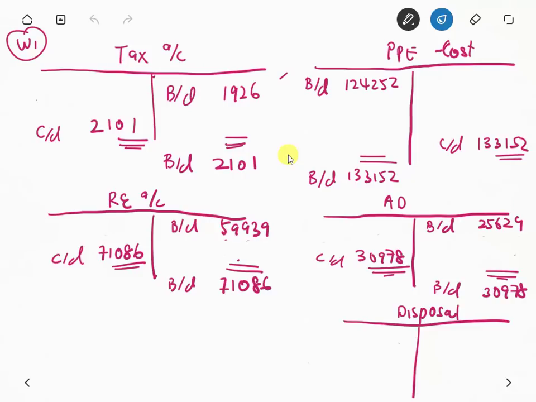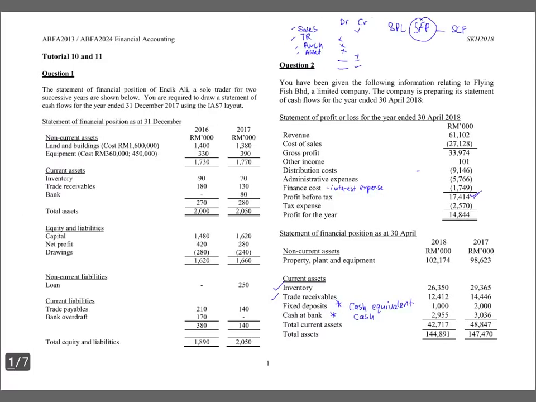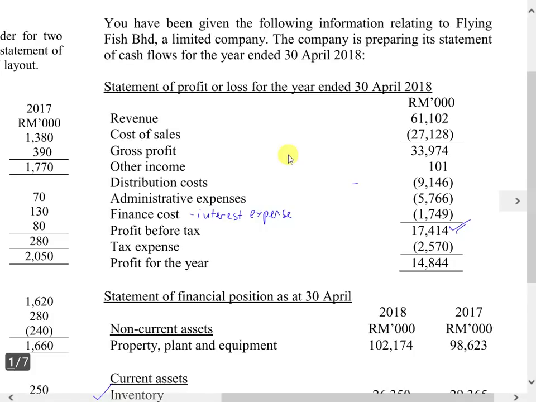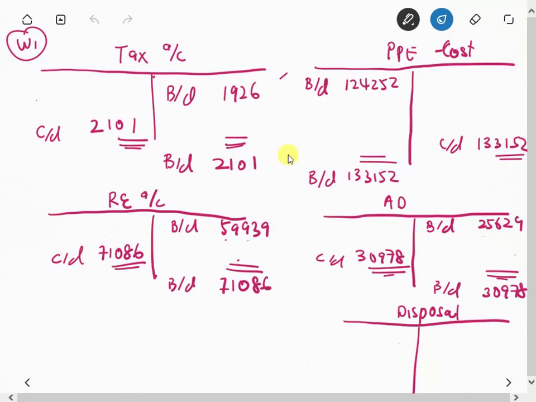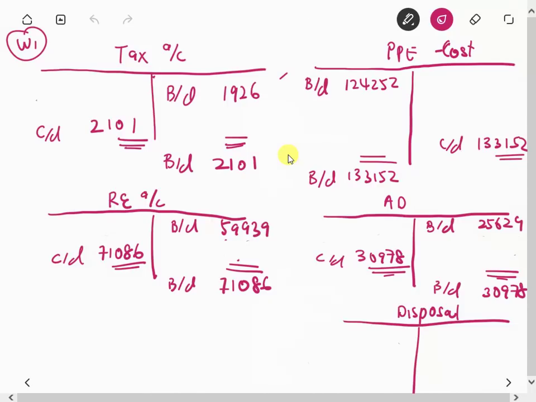Second step, how much is the amount charged to P&L? How much is the tax expense? Amount expense of is 2570. Where should I put it in the SPL? Debit or credit? Here, 2570. Remember, our SPL for expenses is here.